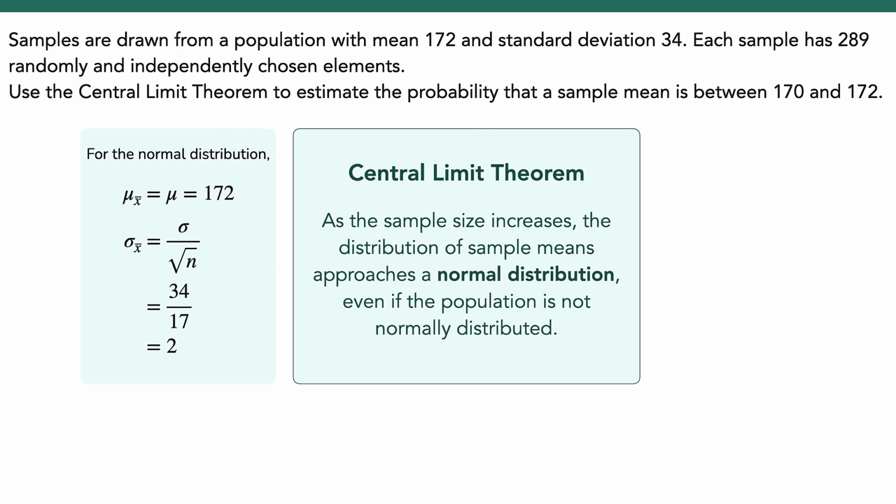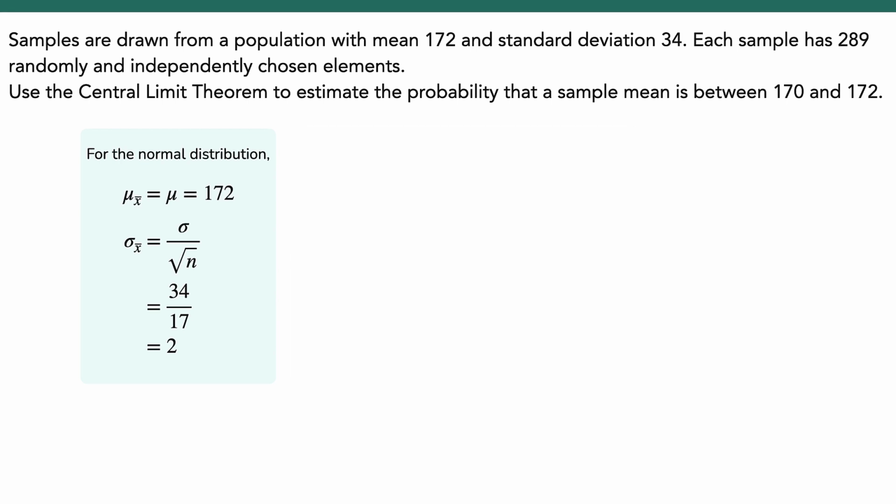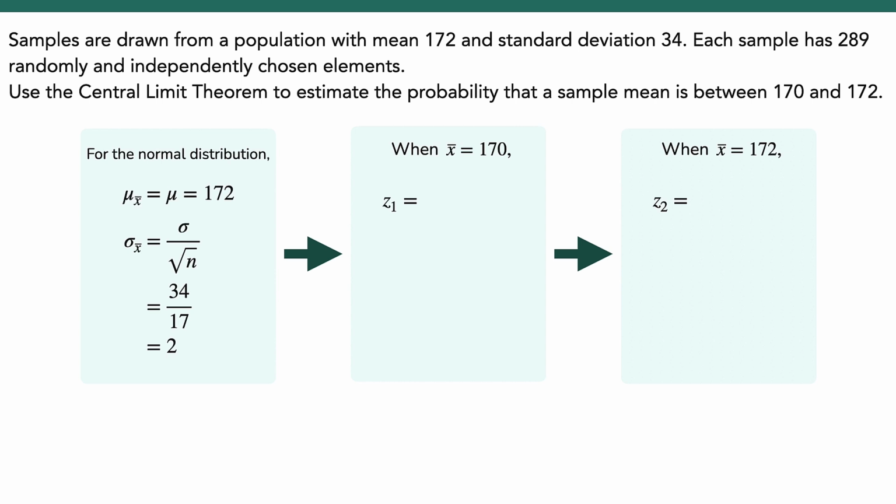From here, you may be able to use a calculator to find the answer. But if your calculator only works with the standard normal distribution, or if you're using a table of z-values, we'll need to find the z-values for the normal distribution that correspond to the random variables of x bar equals 170 and x bar equals 172. When the random variable equals 170, the z-value z1 equals 170 minus 172 divided by 2, which is negative 1.